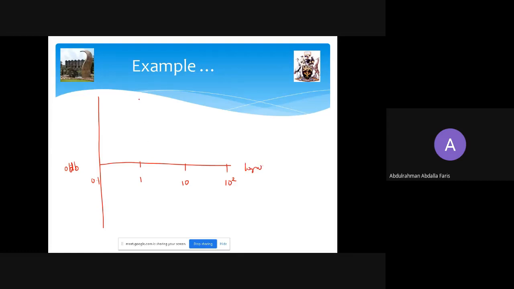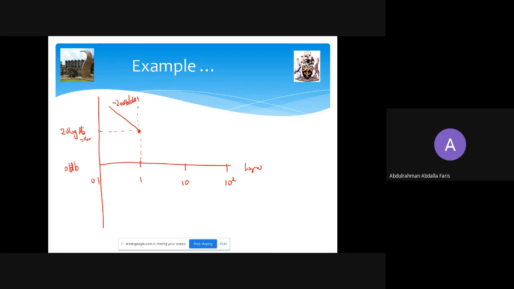So at 1, we mark 20 log 5, which is 14 dB. Say it's this point. And remember, there is a slope passing through this at minus 20 dB a decade.